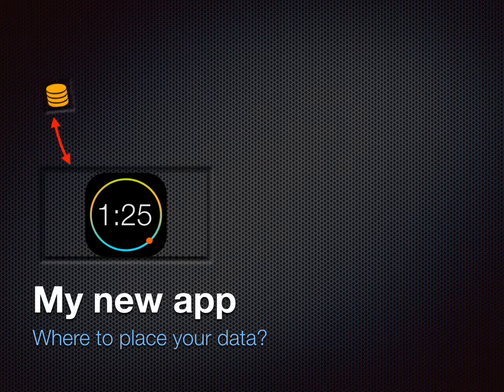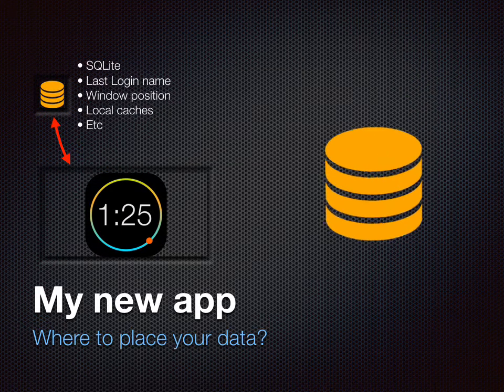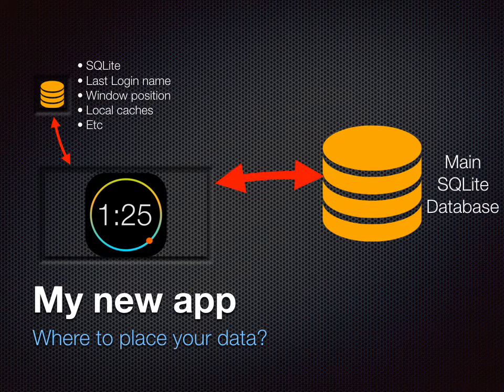So, firstly, let's look at sharing your data. So, you've begun to write your new application. Where do you store your data that your application uses? Typically, there are two types of data.